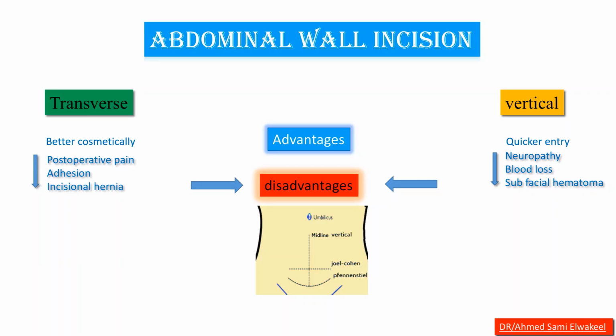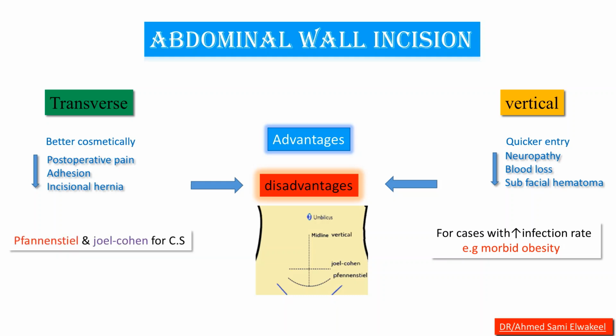The disadvantage: we can reverse the advantages of vertical incision as disadvantages of transverse incision, and we can do this for vertical incision. Vertical incision is indicated for cases with high risk of infection, like cases with morbid obesity.